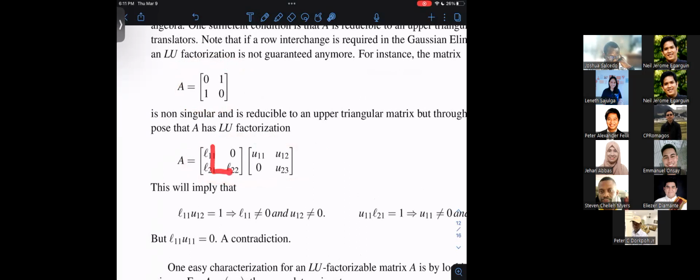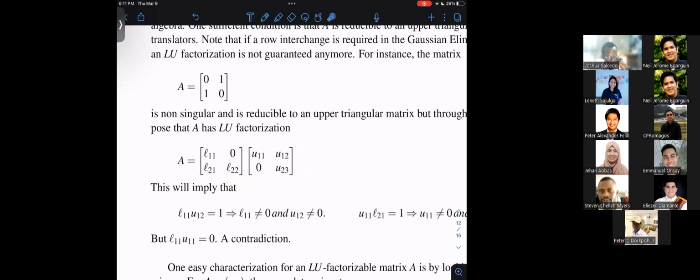So if there's an LU factorization, then that factorization will look like this: a lower triangular matrix L and an upper triangular matrix U. Just for the sake of contradiction, I am assuming that there is an LU factorization. But what is implied by this factorization?